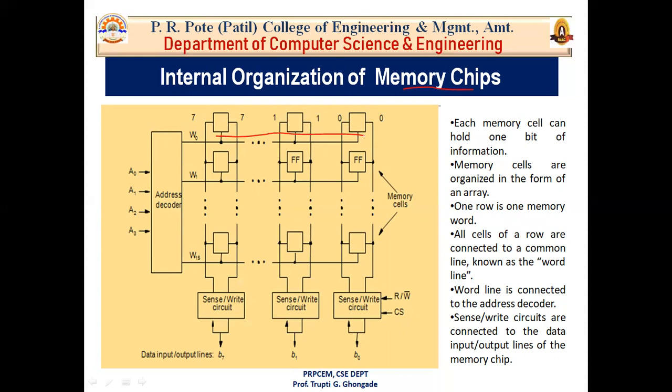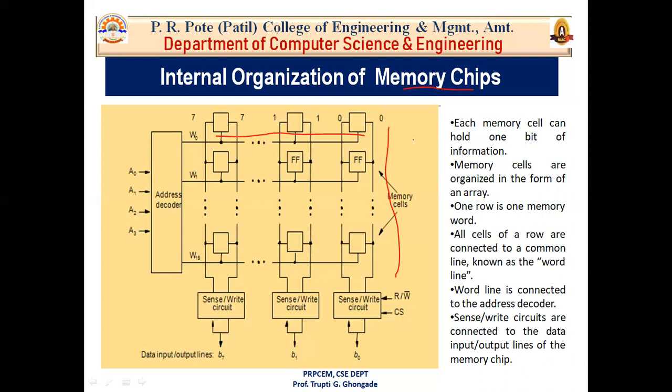Here each row of cells constitutes a memory word. The verticals are memory cells and the horizontals are words.